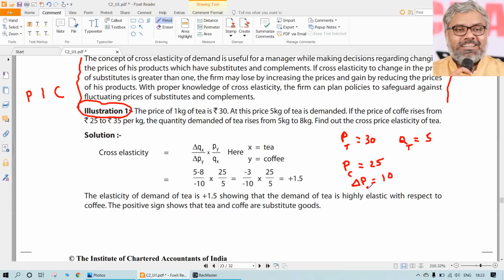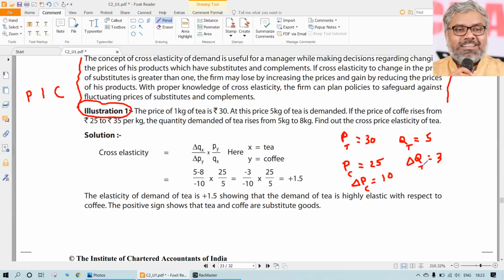Delta P of coffee naturally. So the change in the price of coffee is 10 rupees. Then the quantity demanded of tea rises from 5 to 8. So now we have delta Q of tea. Delta Q of tea is 3 kgs. From 5 to 8 it has risen, which means delta Q is 3 kgs.